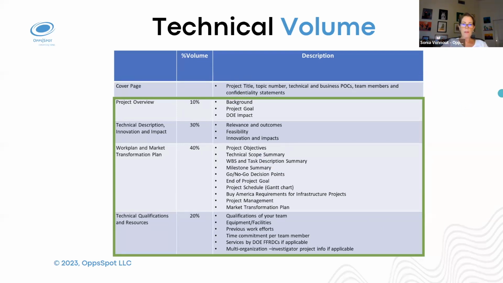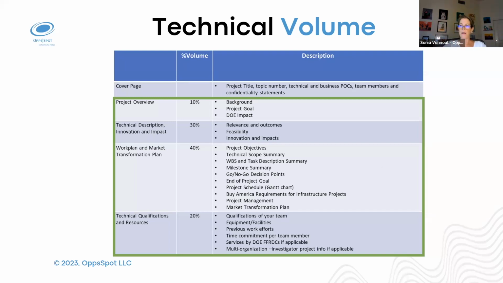But keep in mind, they're giving you a recommendation of the percent of the volume. So if you have 10 pages, 1 page for the project overview, 3 pages for technical description and innovation impact, 4 pages for your work plan, market transformation plan, and 2 pages for your technical qualifications and research resources.